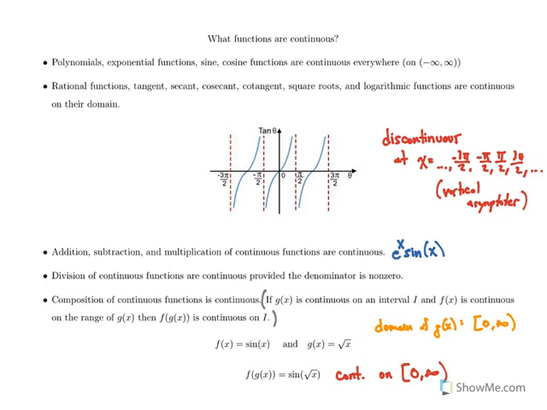This function doesn't exist past that 0 to infinity. Right, note this is also continuous on its domain. Right, that's a fairly technical part of this, but know that composition of continuous functions are continuous. That's the big thing.